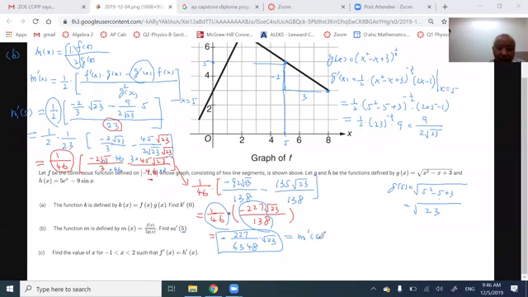Now, let's go to the next one. Here is find the value of x to make sure that f derivative of x equals h of x. So we're using the graph of f and the work on h, which is the derivative first, right? Okay, so let's do this one, okay?